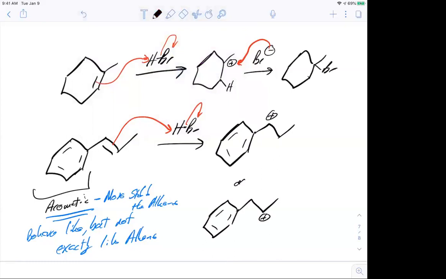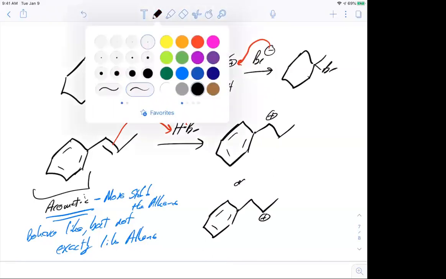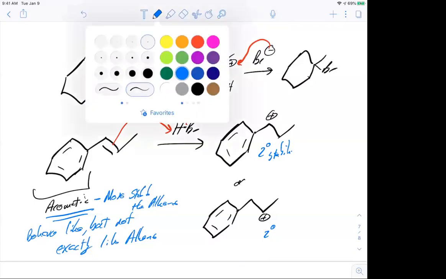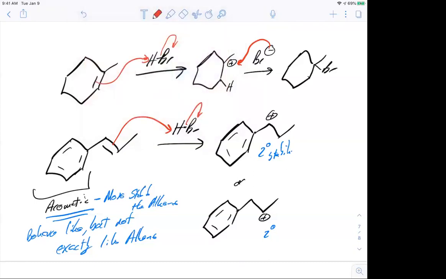Okay, both of these are secondary, but what's the difference? This is secondary here, this is secondary here, but this one is also stabilized, right? Because I can delocalize that into the aromatic ring. So that stabilization here means that my bromine is going to attack this electrophile, and that's going to be my product.